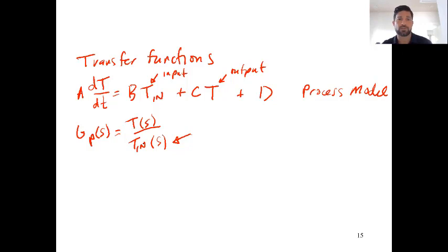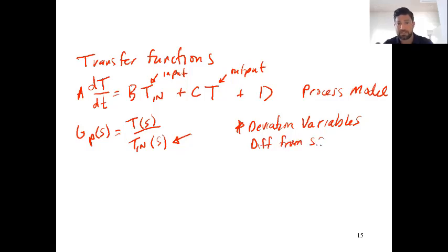I'm not going to go through it in detail, but just to remind you, the important thing is that this is in terms of deviation variables. Essentially this means it's the difference from the steady state, or the initial steady state condition.